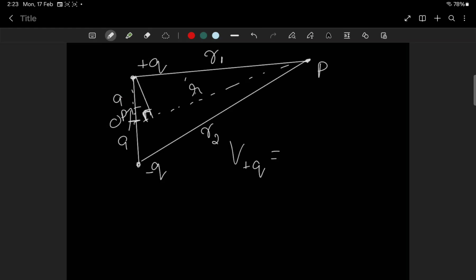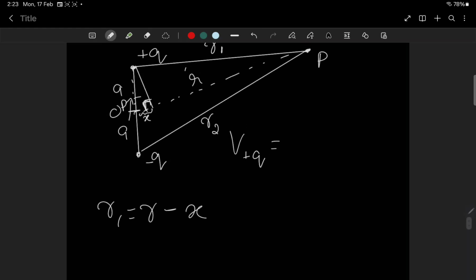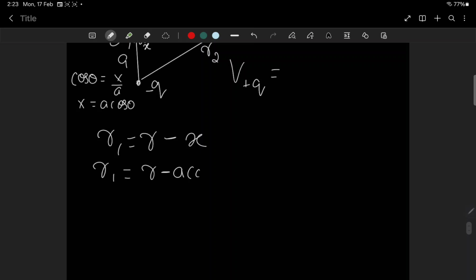This is A. This is R. R1 is given by R minus this small part X. How to write this X? You know that this angle is theta. A is the hypotenuse of this right angle triangle. So if you write cos theta, we will get X by A. Hence X can be written as A cos theta. So R1 is equal to R minus A cos theta.